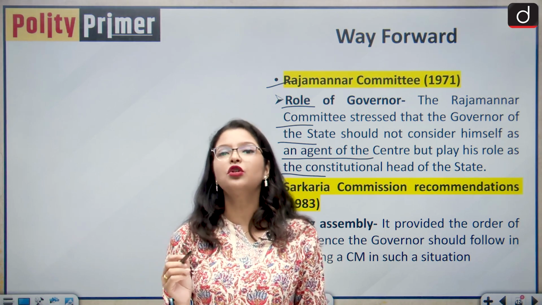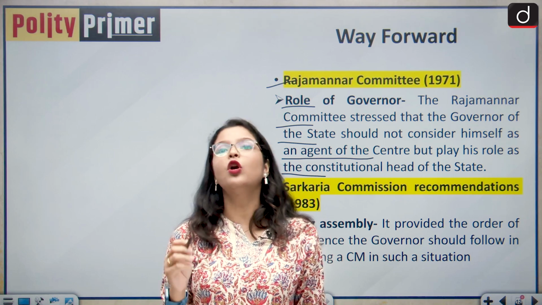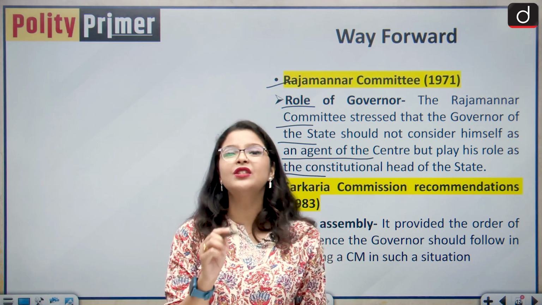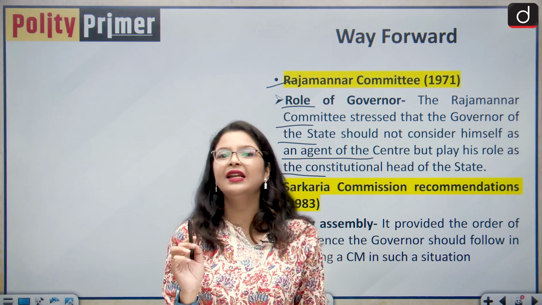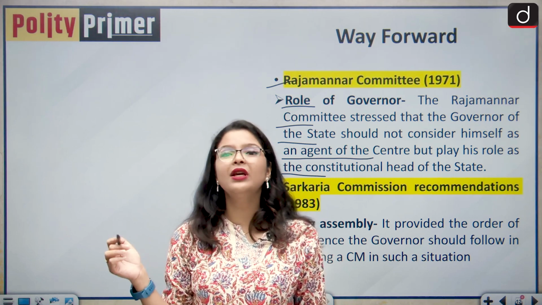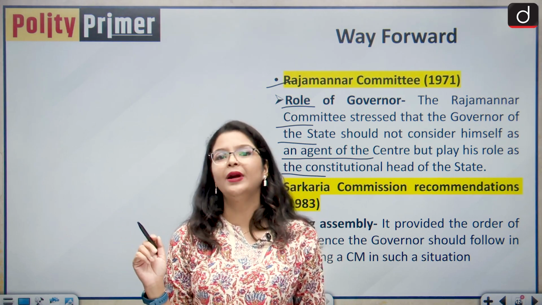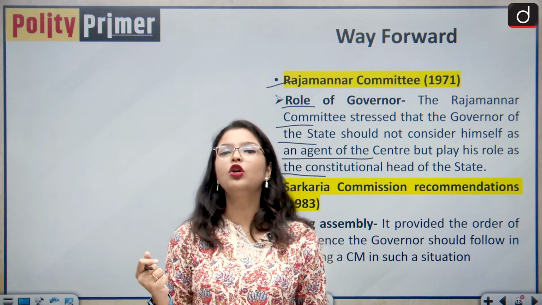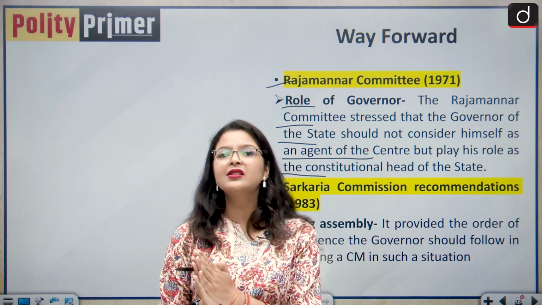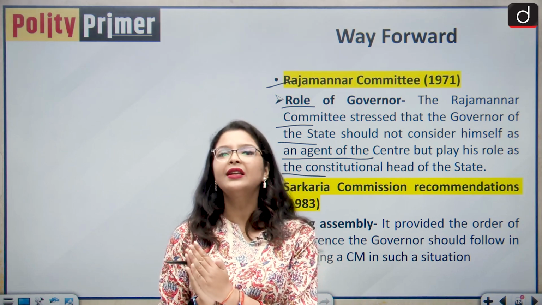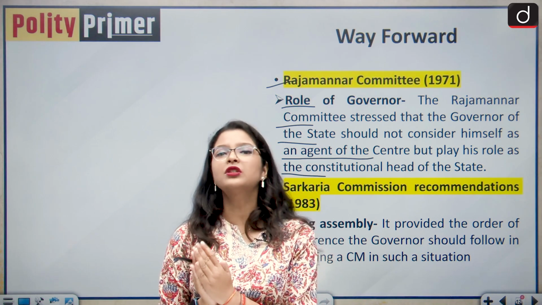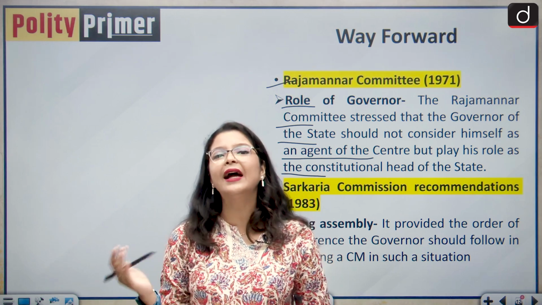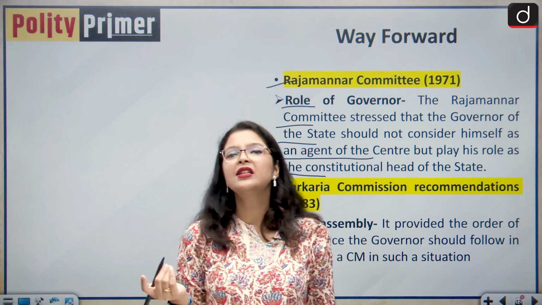As per our Indian constitution, the governor is the constitutional head of the state, and that is why he should remain apolitical in nature and should not show his allegiance to the central government. But this is not happening currently. So the Rajamannar Committee also mooted that the governor should act as a constitutional head of the state rather than acting as a political agent of the central government.